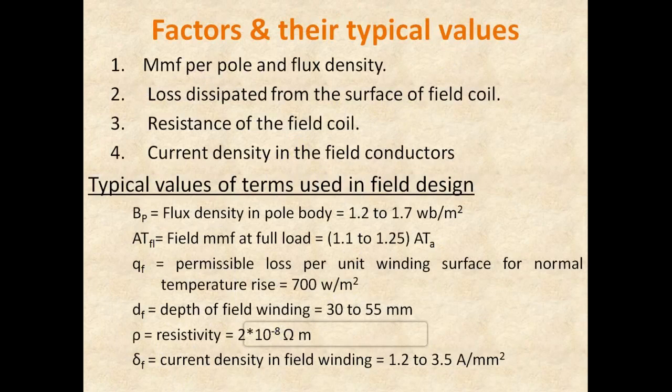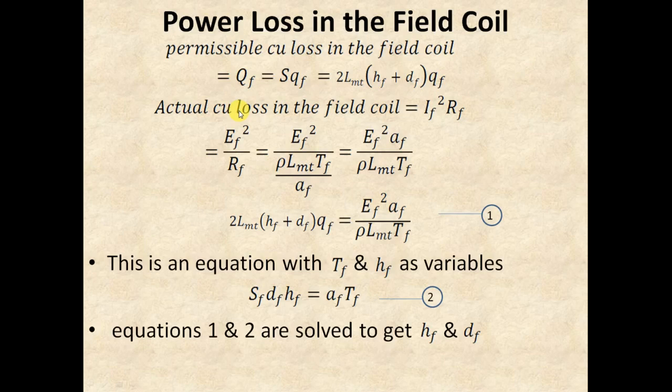We have already discussed in the factors which are taken into consideration while design of the field system, that is while design of the field winding, that the permissible loss per unit area is usually indicated by small q suffix small f. The total loss dissipated from the field coil is given by capital Q suffix small f.